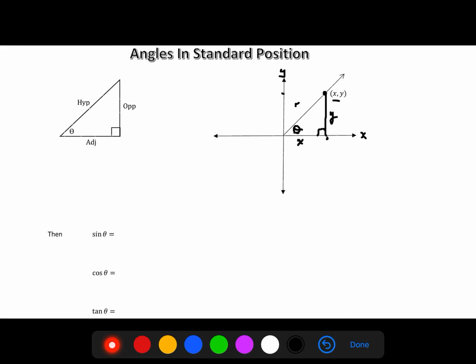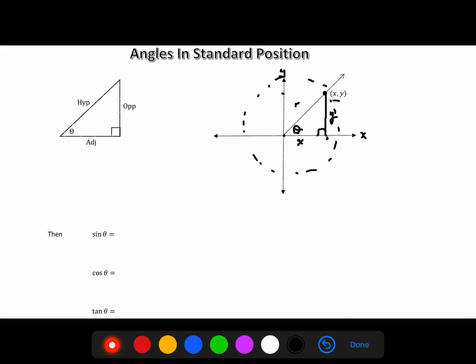radius of a circle. If we were to create a circle using that point at various terminal arms, we could create a circle. So radius is the distance between the center of our circle and our terminal point.